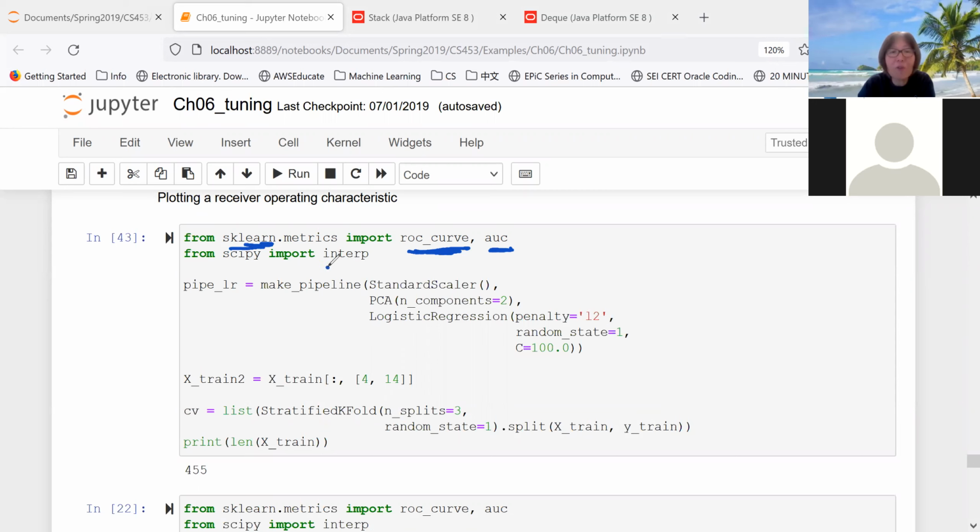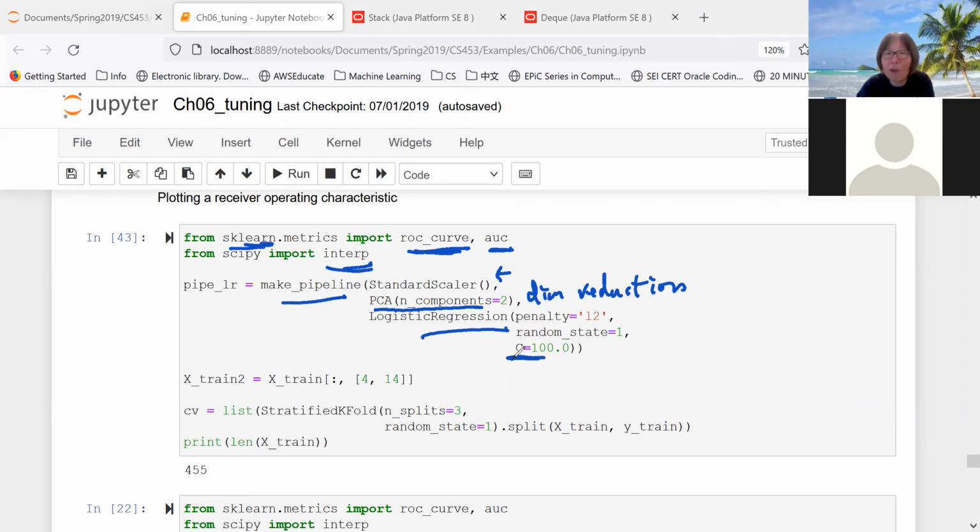This is for interpolation. The make pipeline is nothing new: just feature scaling, then dimensionality reduction. And over here, we use logistic regression, and we also specify the regularization parameter.